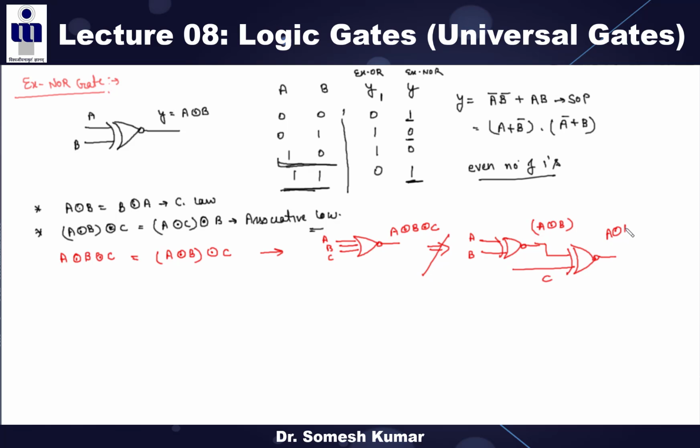Now I'm giving the proof of this through the truth table, right? For example, this is a truth table. There are 3 variables, right? This is Y1, this is Y2.